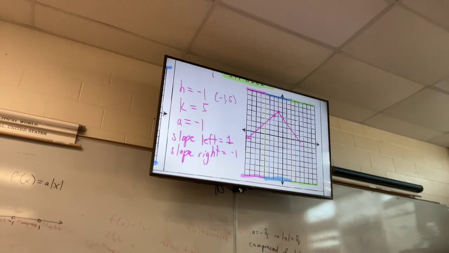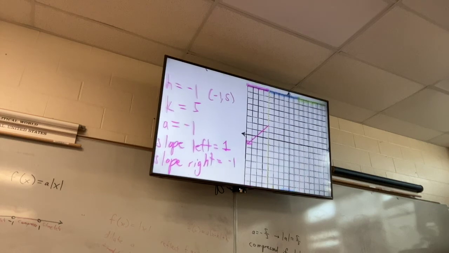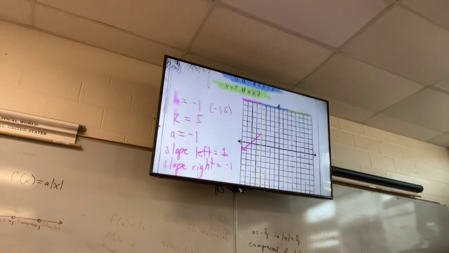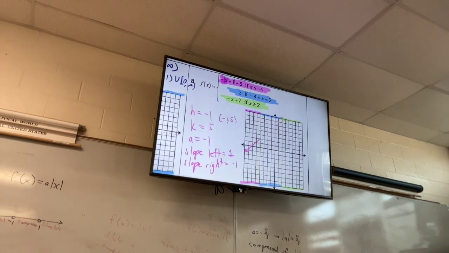I need to erase the part that's outside the pink. Get rid of this. So this is why I teach the absolute value the way I do. I have you graph the whole thing, then erase it. Because this shows you that we did graph an absolute value function, we just cut off the part in the middle of the V, so it almost looks like a line. And then on the border it gets a solid dot.